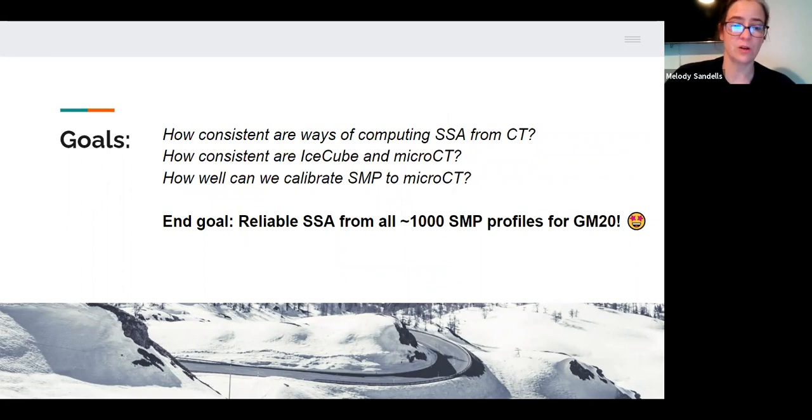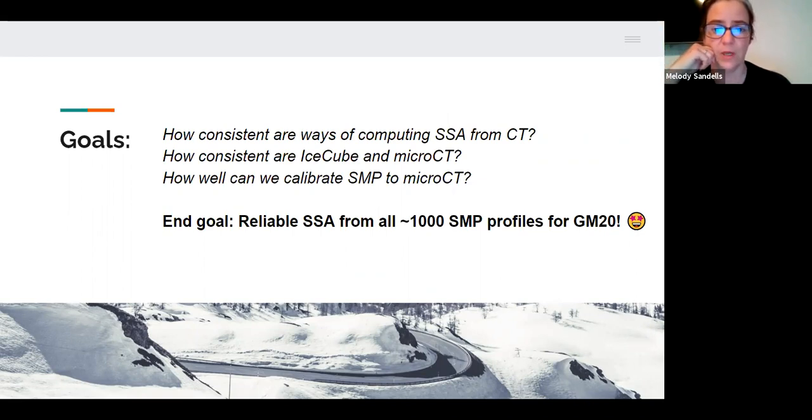So the questions we had this week and what we're trying to achieve: we're trying to understand the consistency between different ways of calculating the specific surface area, or SSA, another name for the snow grain size, which we can also translate to the equivalent sphere diameter, if you like to think of sphere scatterers.